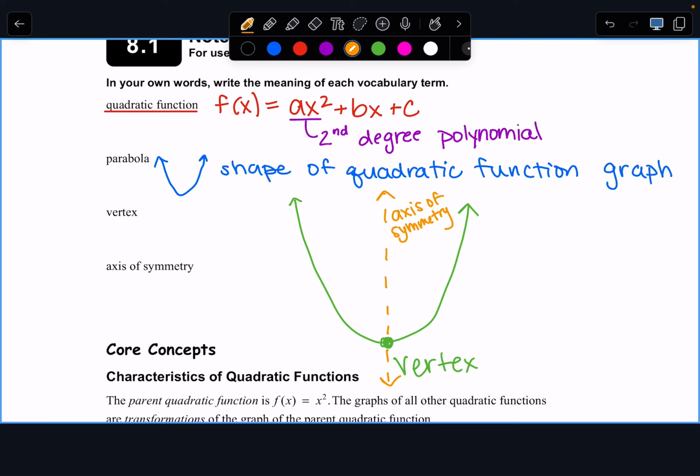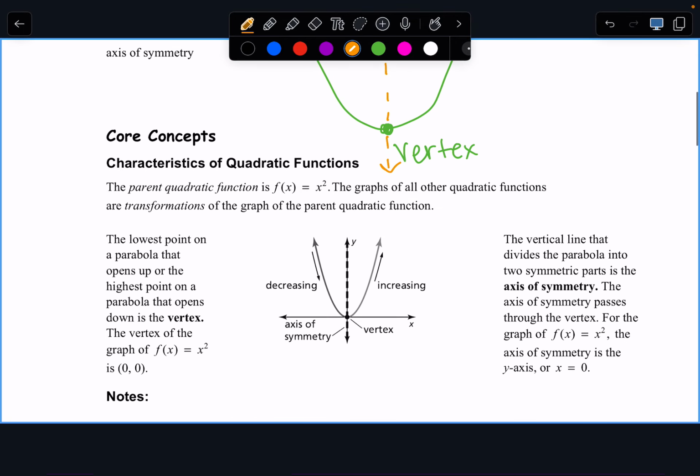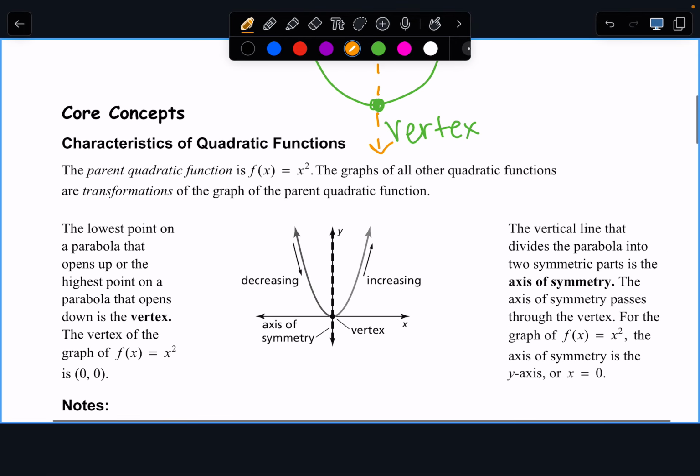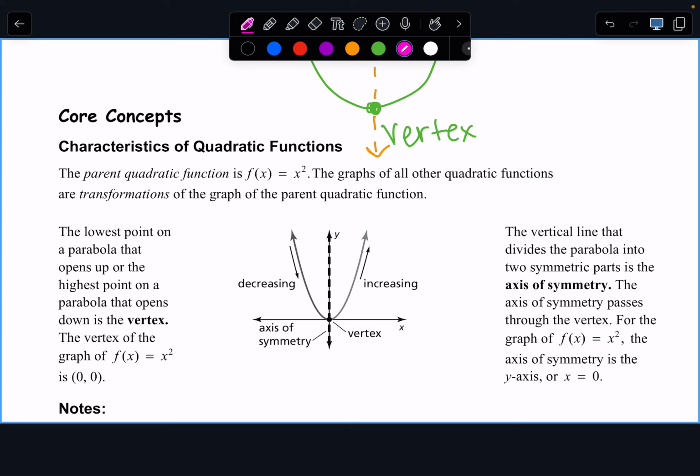Okay. Now, we are going to start by just talking about what y equals x squared looks like. So if f of x equals x squared, what is 0 squared? 0. 0, 0.